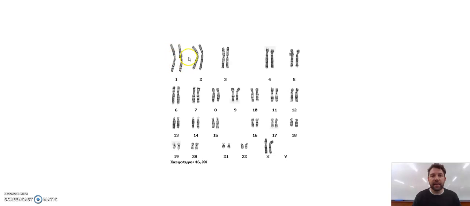In each pair, 1 chromosome has been inherited from your father, and 1 chromosome has been inherited from the mother. So on those chromosomes, they would have genes corresponding for the same protein.